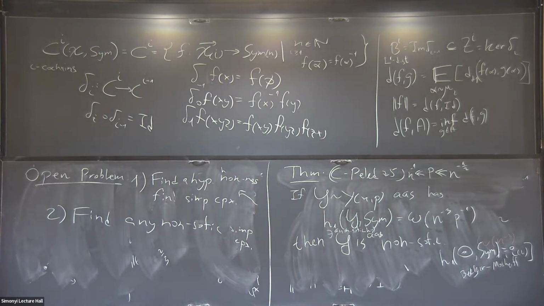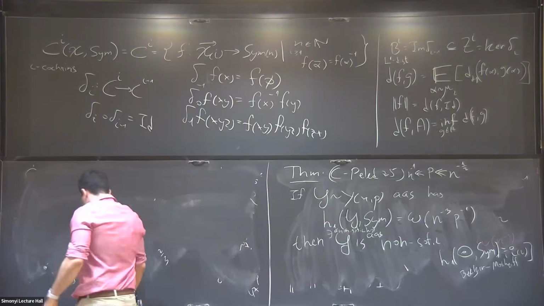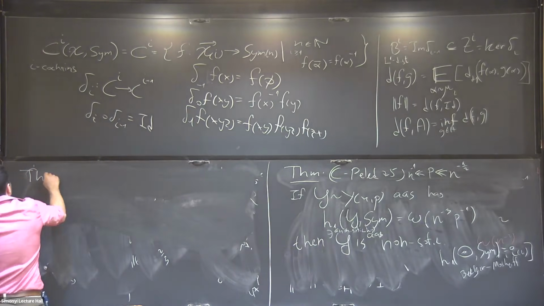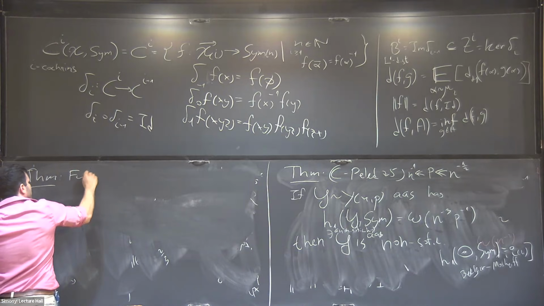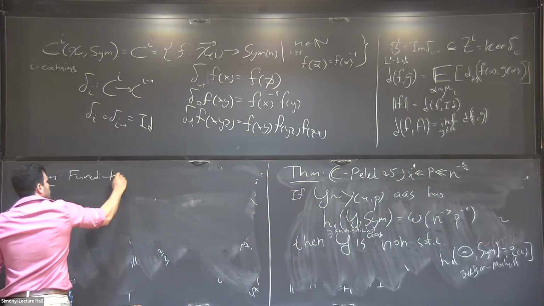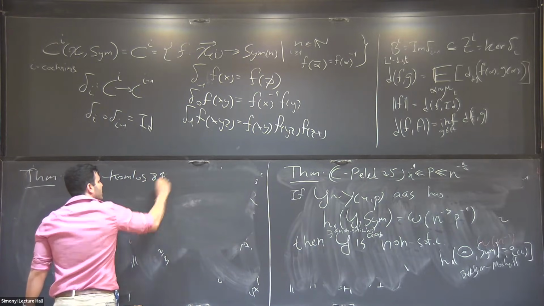And this is a sequence of works. I'll just write the names of the people who did it. So this is another theorem. This is originally due to Füredi and Komlós from 81.